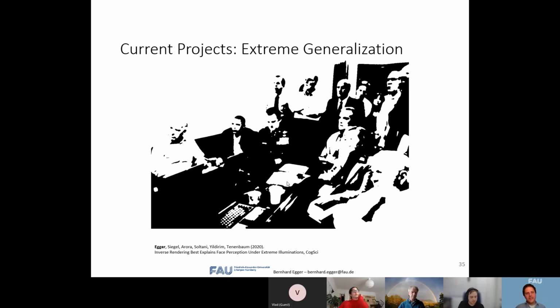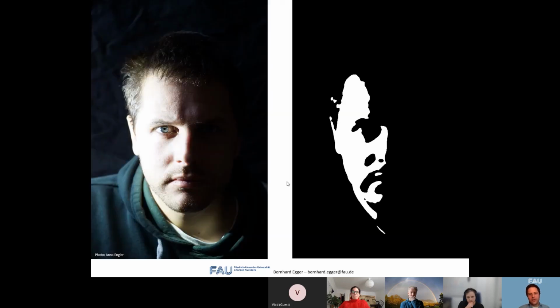And the very basic idea here would be that what we see here is just an extrapolation of a very extreme illumination condition. So if I take this image here on the left, it's kind of an extreme illumination condition. And what we see on the right, I would argue that that's just the same.